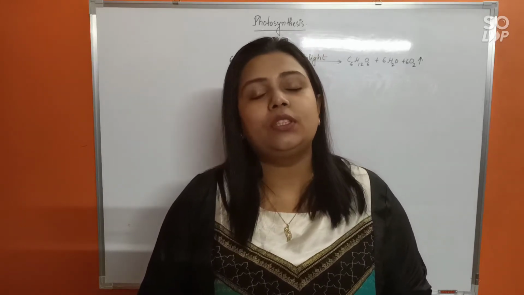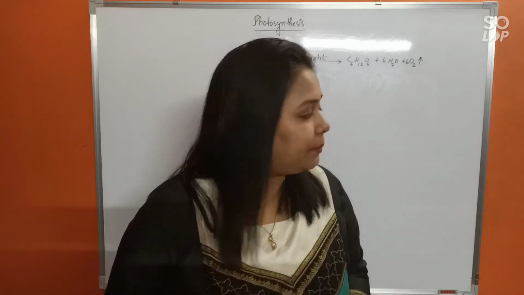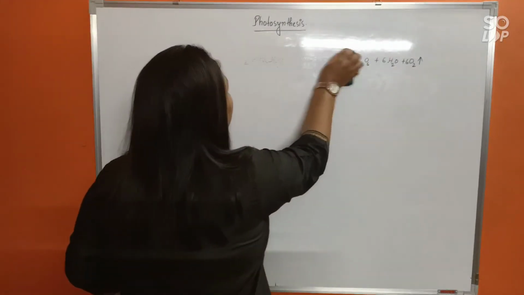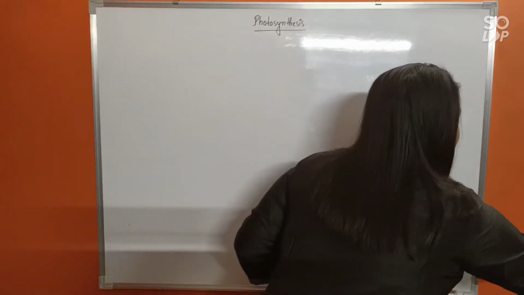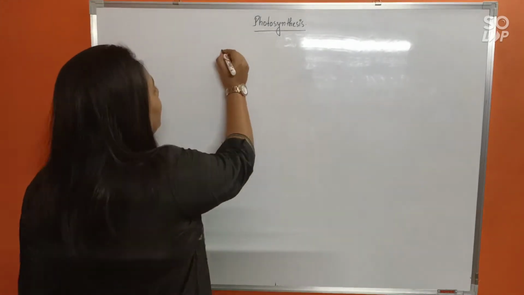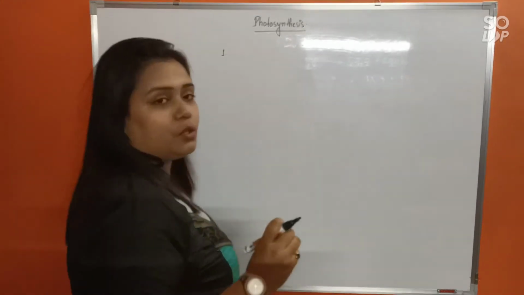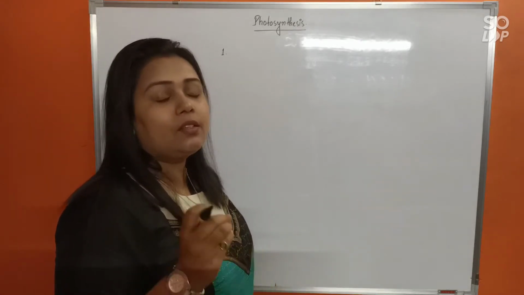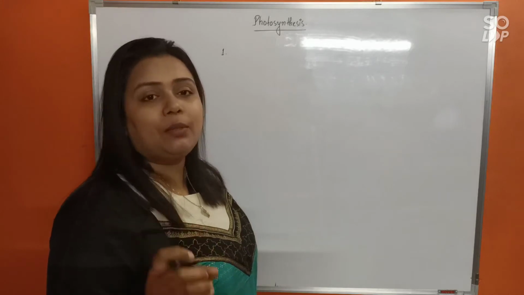Okay? So now let us start with a few important experimental demonstrations on the process of photosynthesis. Now, we know that for photosynthesis to occur, certain things are very much necessary, like sunlight, chlorophyll, carbon dioxide.